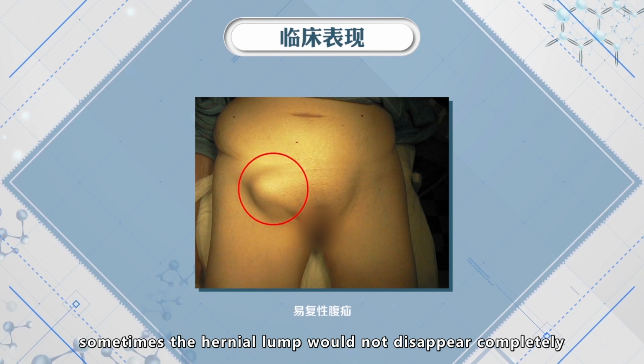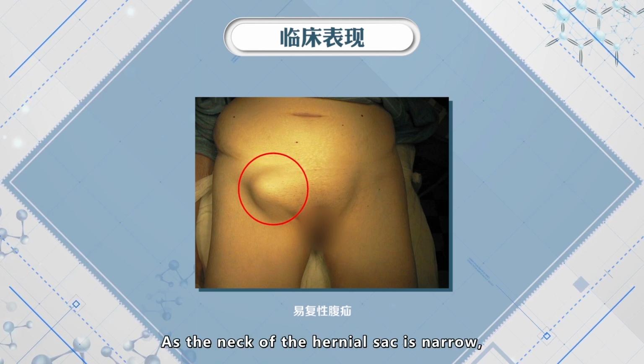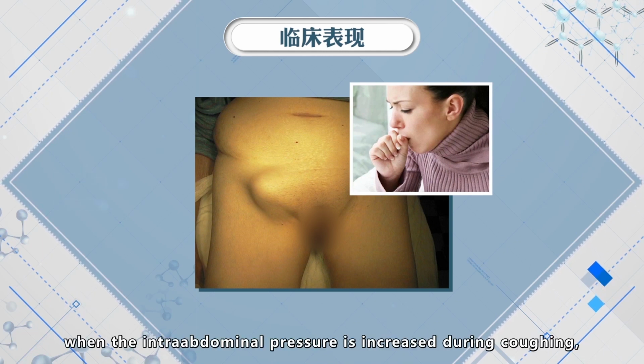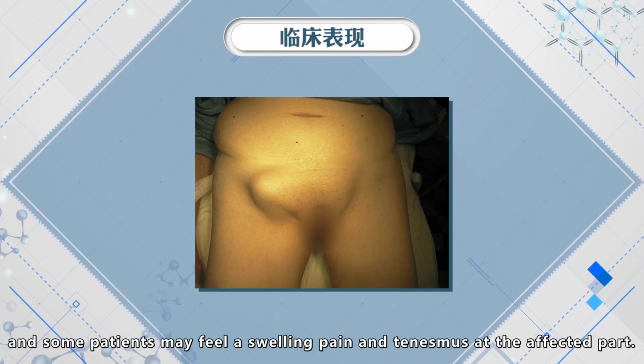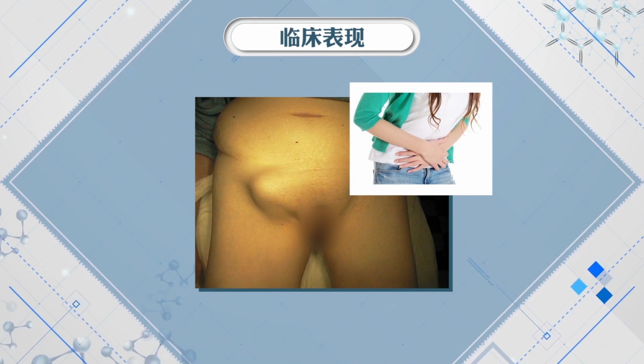Sometimes the hernia lump will not disappear completely after reduction of the hernia content when the patient lies on the back. As the neck of the hernia sac is narrow, the impulse from coughing is not apparent when the intra-abdominal pressure is increased during coughing, and some patients may feel a swelling pain and a tenesmus at the affected part.